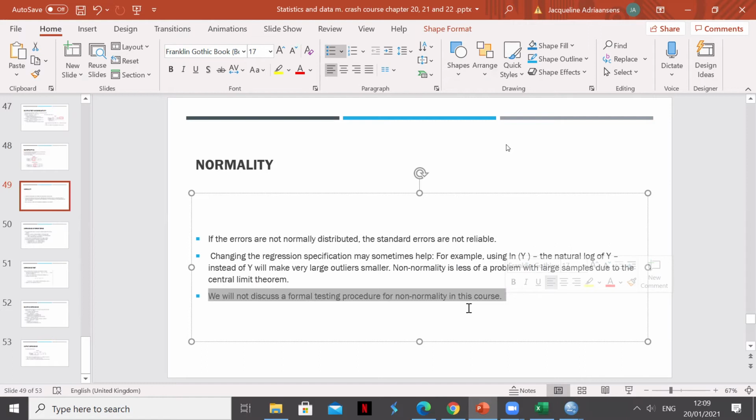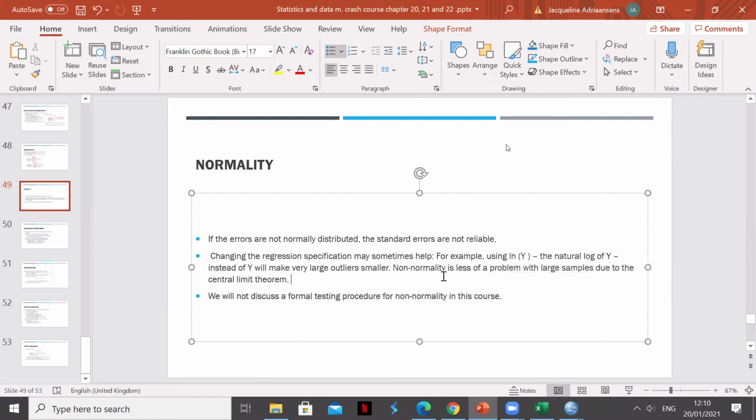But if they are not normally distributed, the standard errors are not reliable. We don't, of course, have to test if they are or not, but you just have to know if, for example, they say the normality assumption is violated, what could you do? What you could do is change the regression specification, and that can sometimes help.